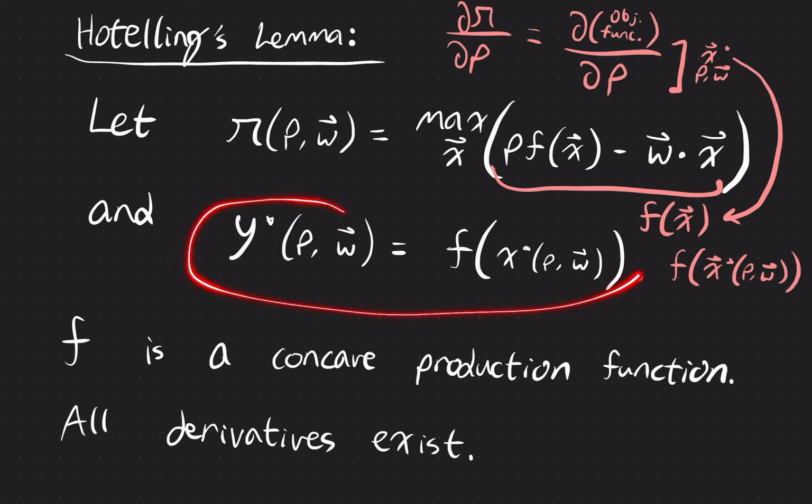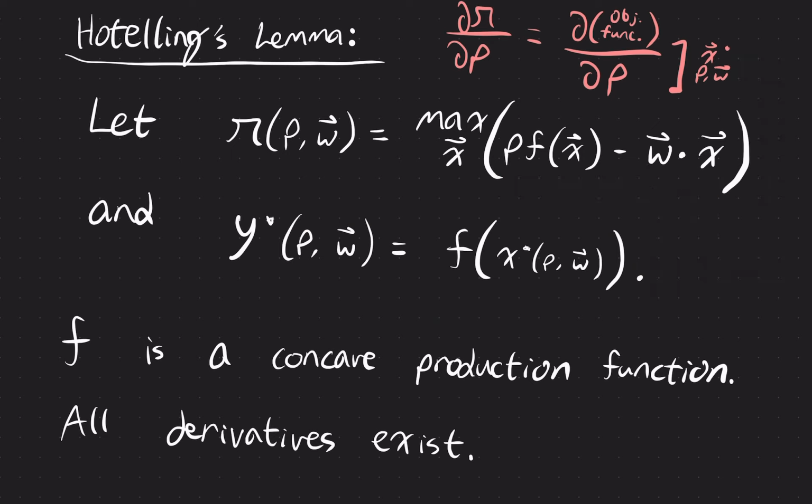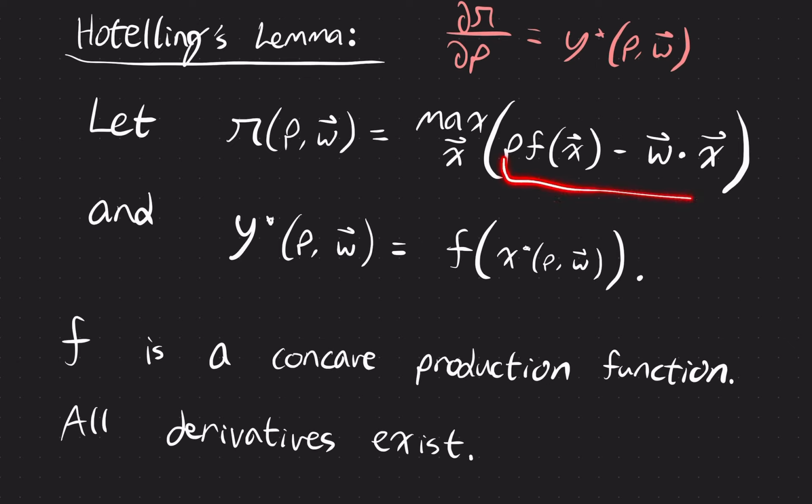That's exactly what we've defined y star as. So I can get rid of this part and replace it up here with y star. And that's the first part of Hotelling's lemma. The envelope theorem makes this problem much simpler. Essentially, you just take this, differentiate with respect to the parameter, and then plug in your optimum x.